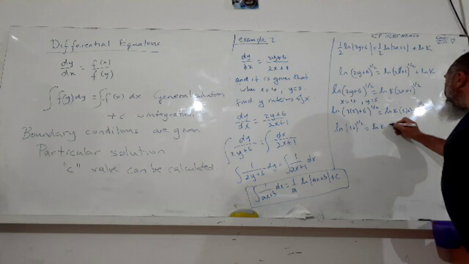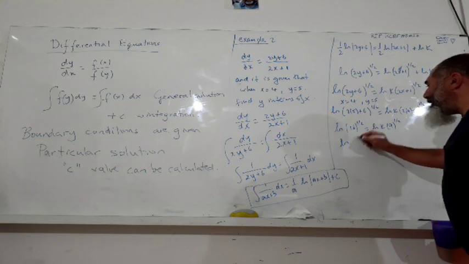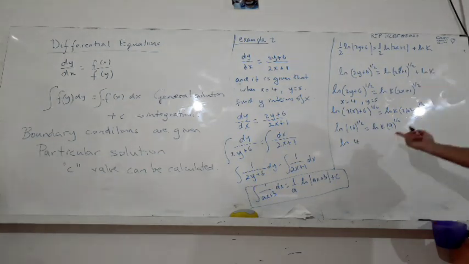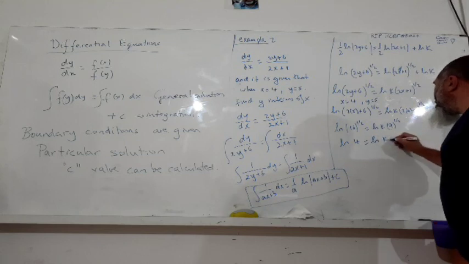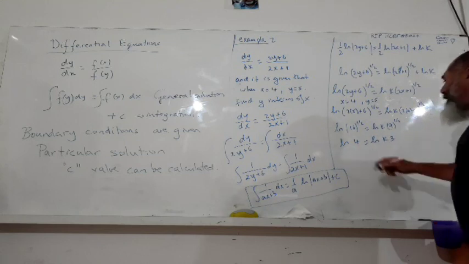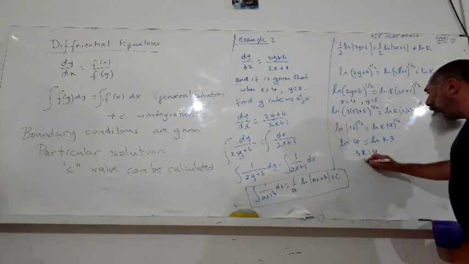That means ln 4, since the square root of 16 is 4, is equal to ln of k times 3. Because they are equal to each other, 3k is equal to 4, k is equal to 4 over 3.